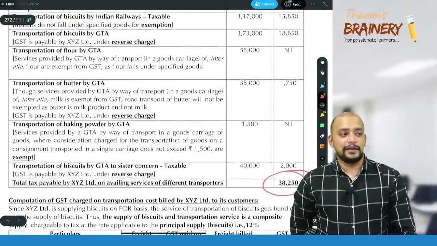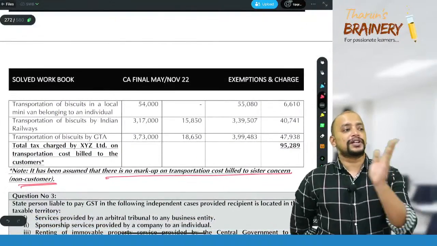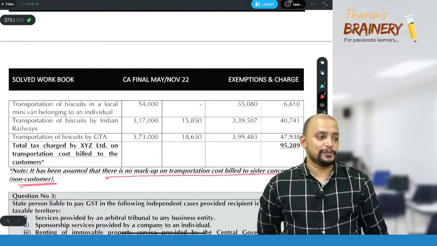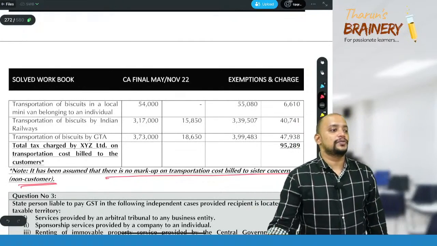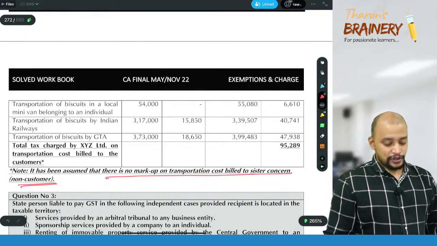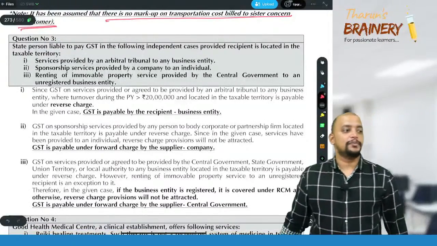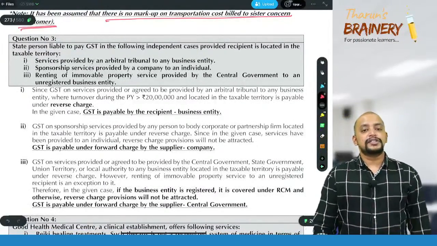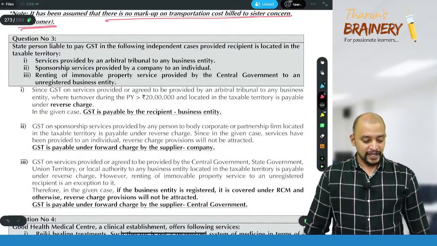What is the GST liability? Second part is when we charge that freight to the customer, on that how much GST we need to pay. That freight we will recover from the customer, carriage outwards. It will not come because it is sister concern, so we will not be charging a markup due to that reason.